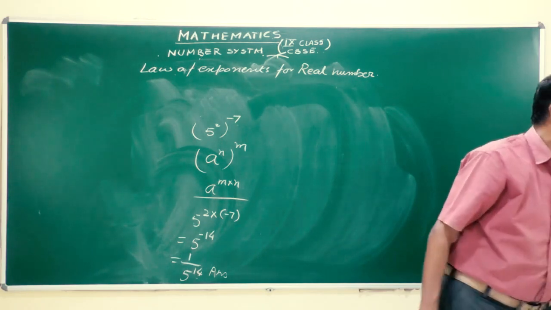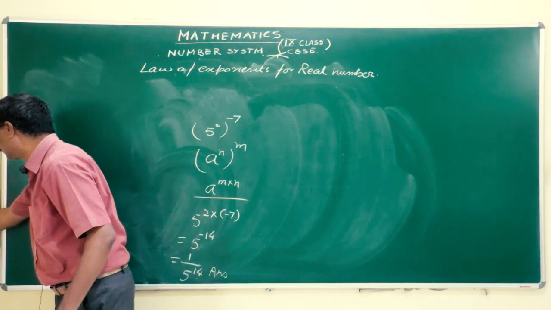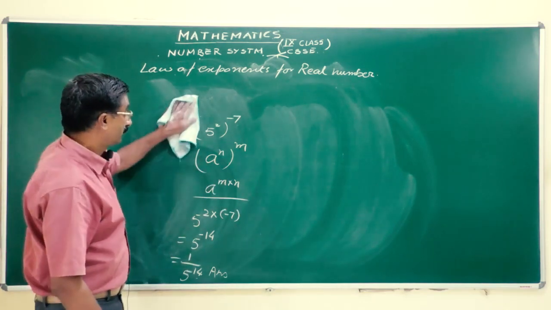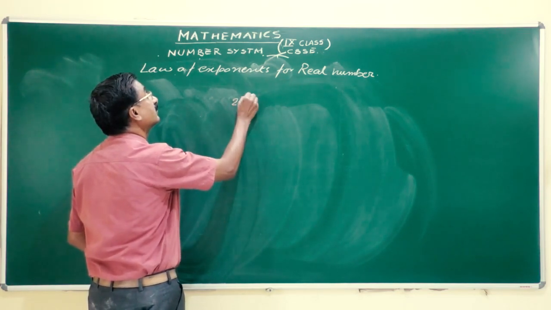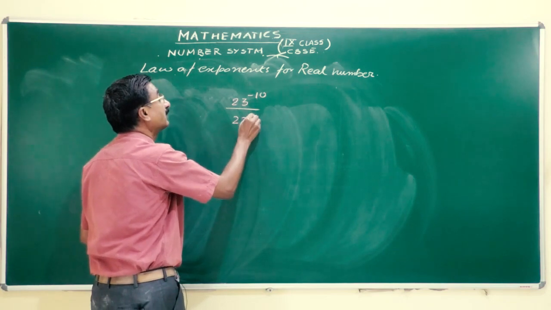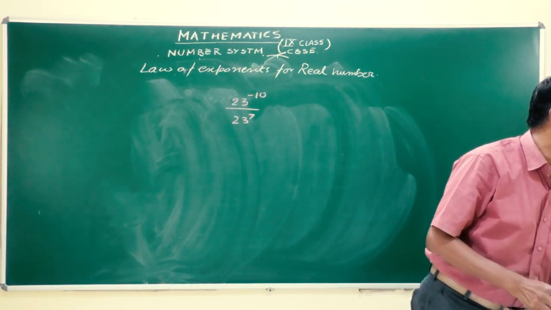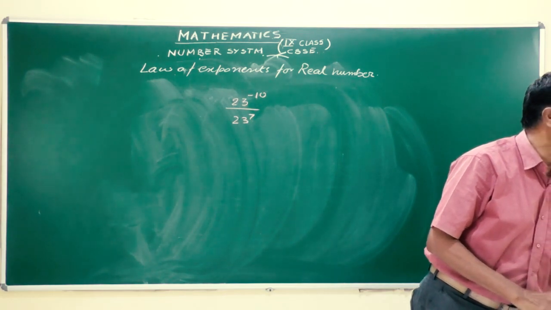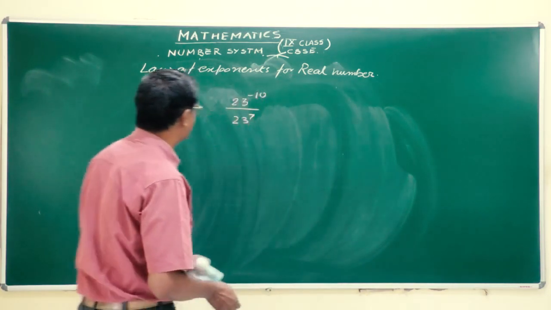Next is 23 raised to the power minus 10 upon 23 raised to the power 7. Very nice question.